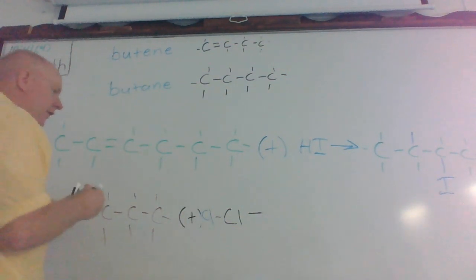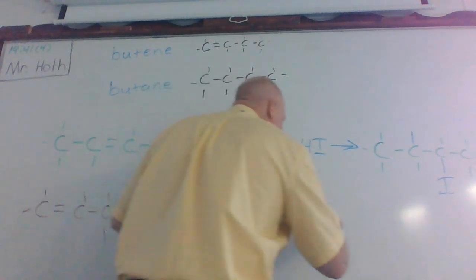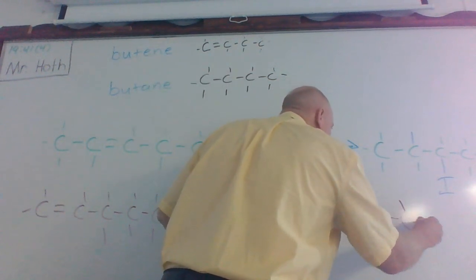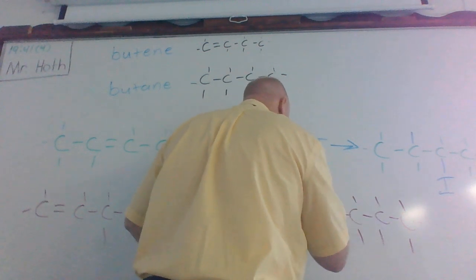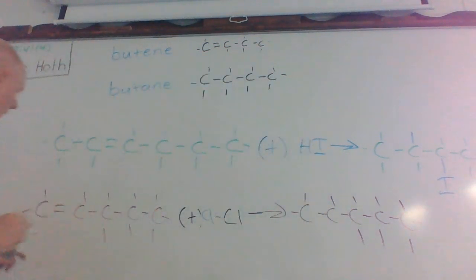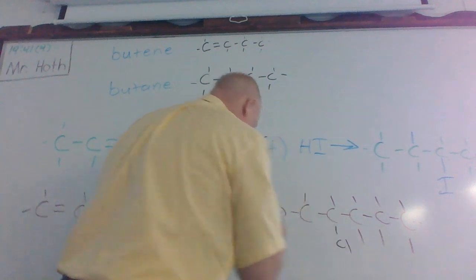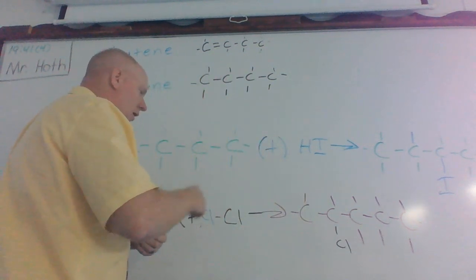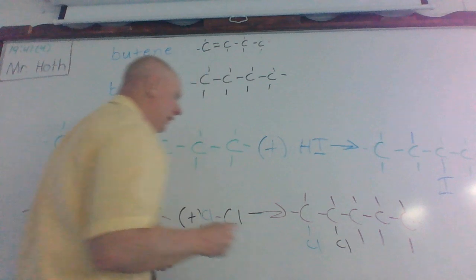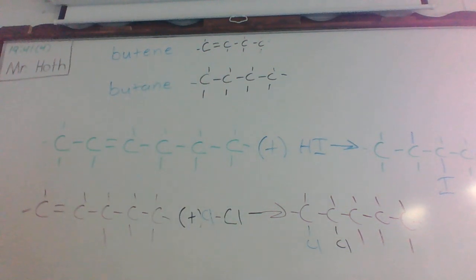So then these are going to proceed 1, 2, 3, 4, 5. These two spots had a place to bond. Well, you can only go one of two places, the first and the second carbon. So we'll put that chlorine atom there, and then this chlorine atom there. All right. Major and minor products.